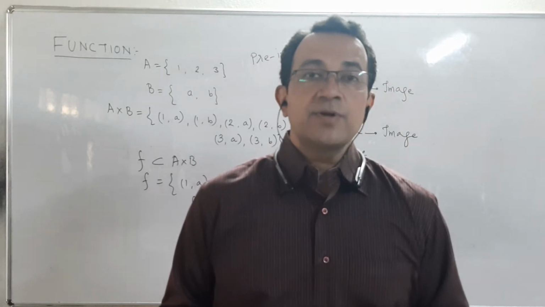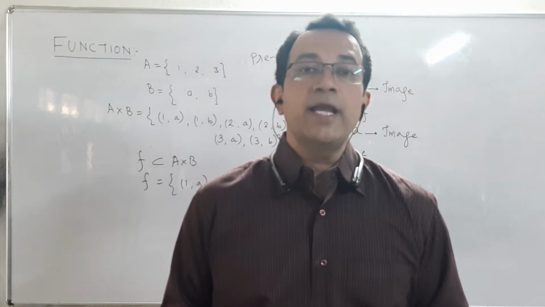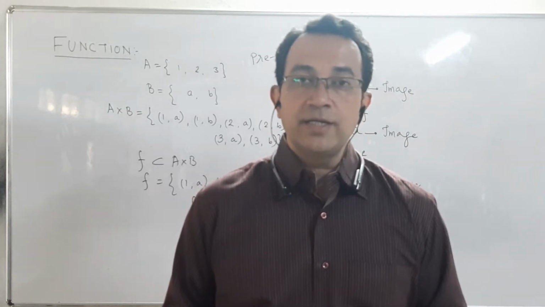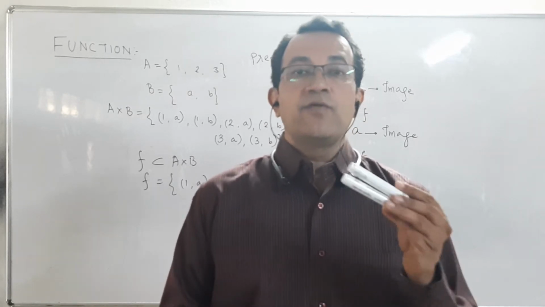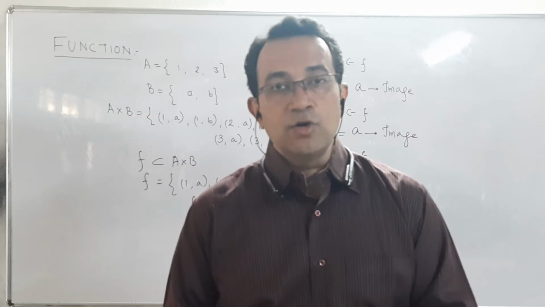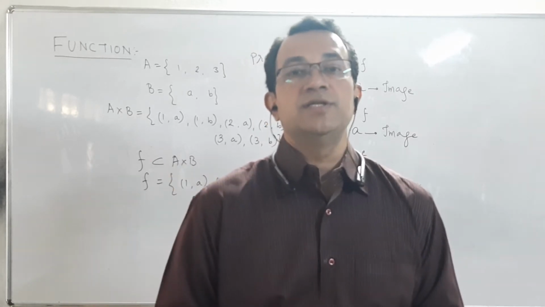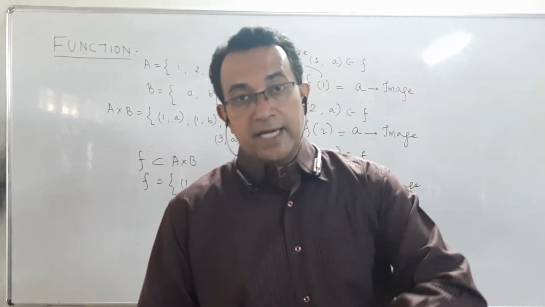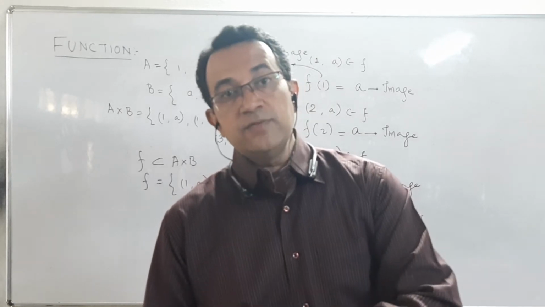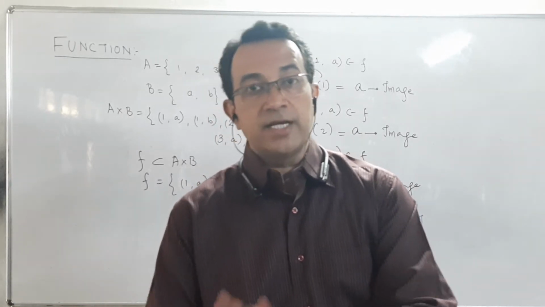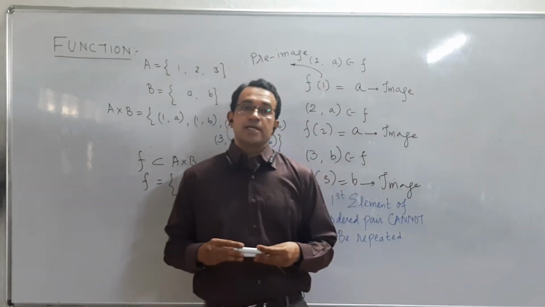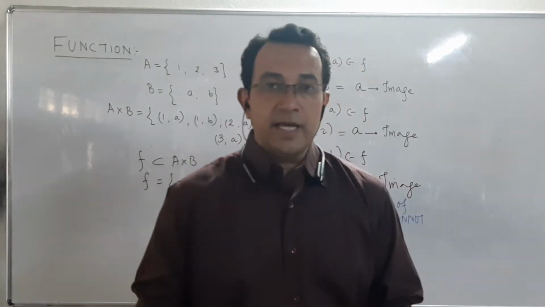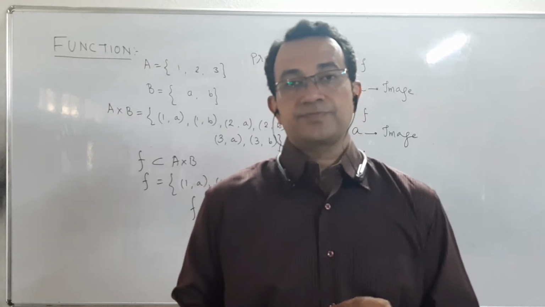And as per the definition, no element of the domain must remain unassociated. For every element of the domain, we should have an image in the set B. There can be a few elements of B which may remain unassociated, but none of the elements of A, students, can remain unassociated.